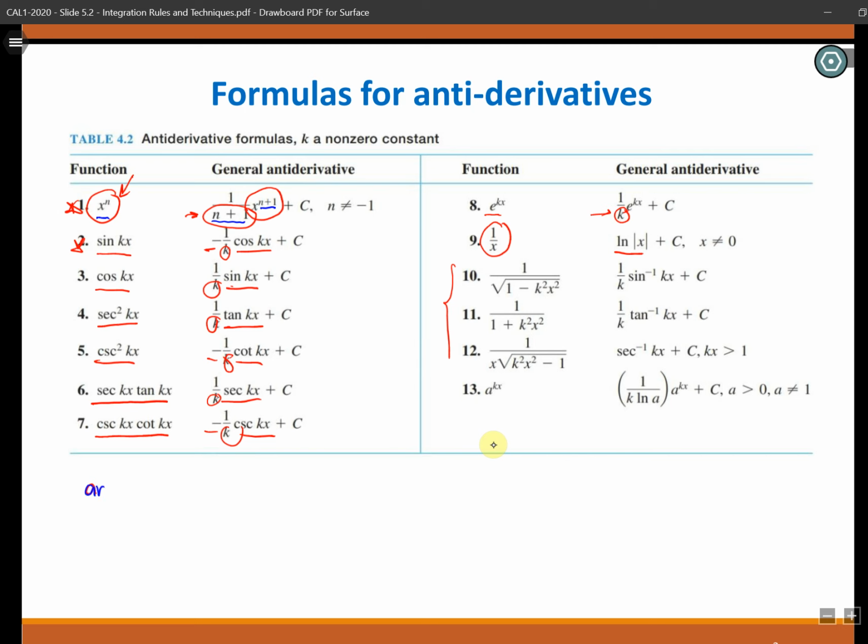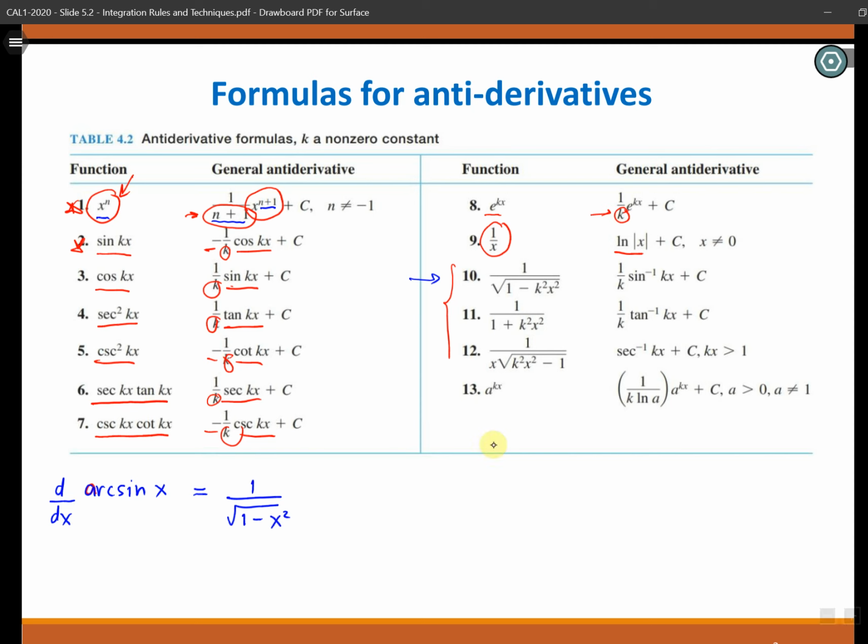We have this arcsin of x, and then we try to differentiate that, d of this with respect to x, from the differentiation formula. We get 1 over square root of 1 minus x squared. Alright, so this is differentiating, but what we see in this number 10, it's going to go backward.